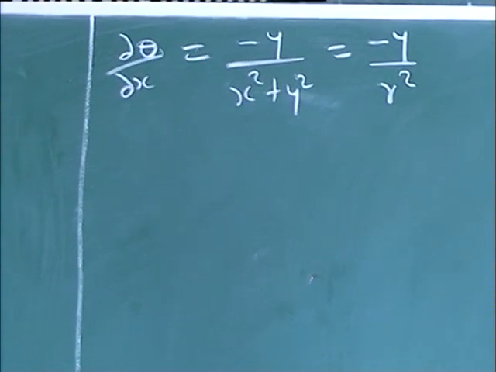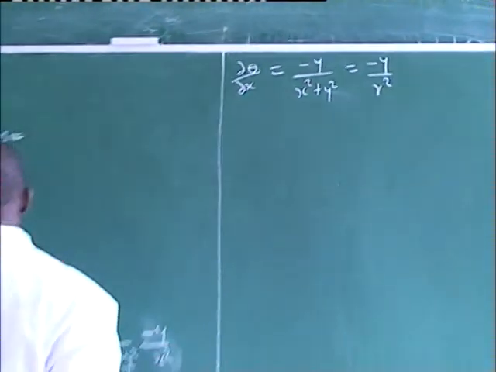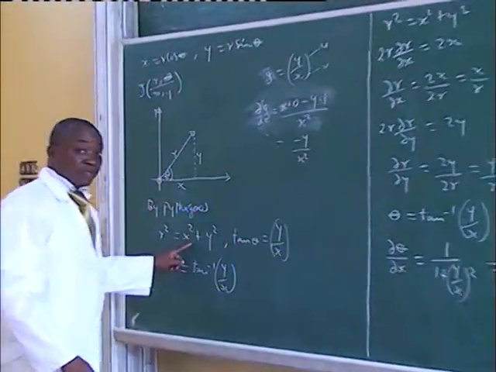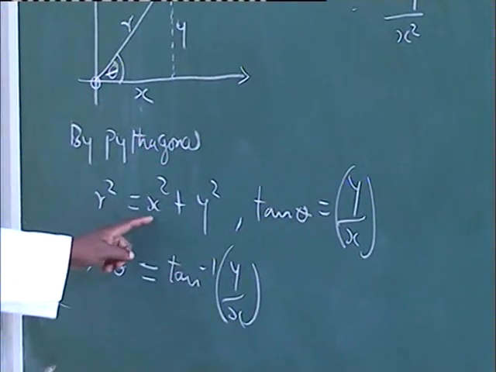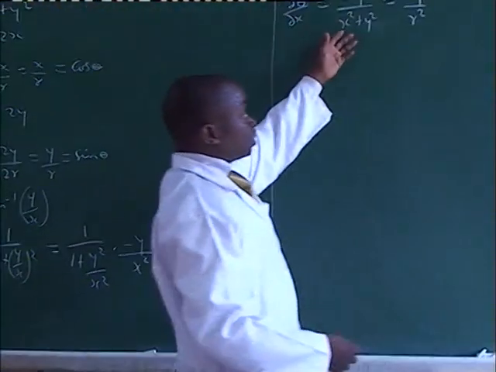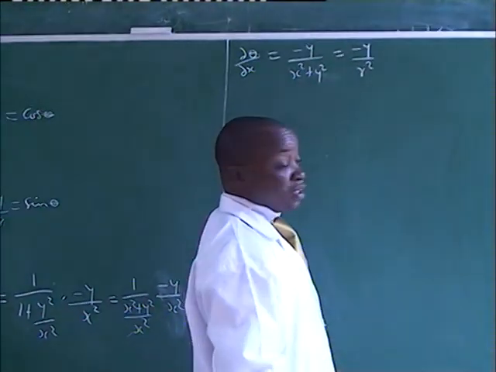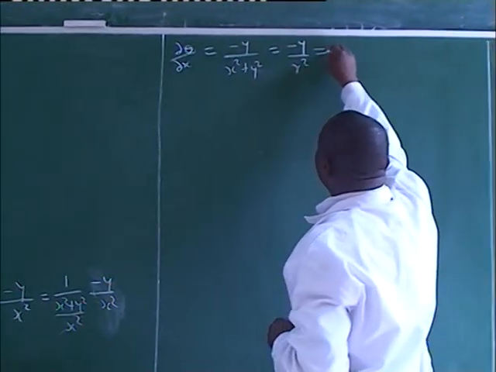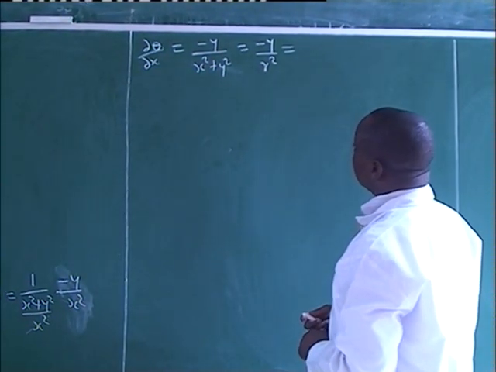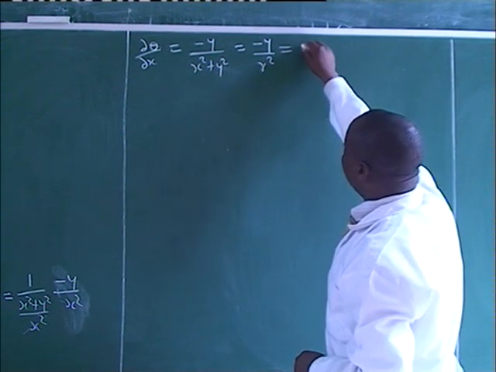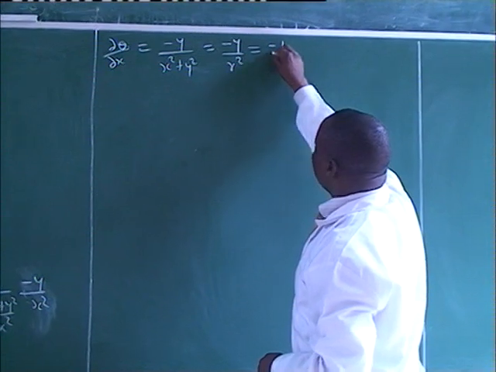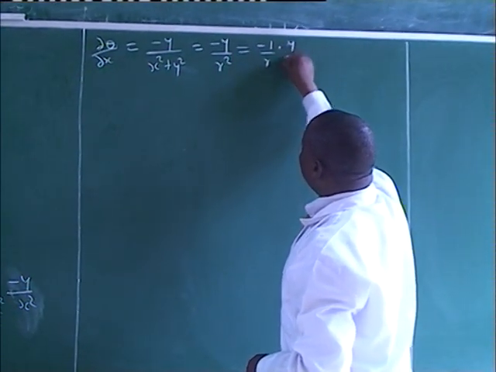You know why I said r squared? Because originally we defined r. Look at what we defined r. We defined r squared to be x squared plus y squared. So because I have x squared plus y squared, I can say that it is equal to r squared. And if that happens, I can now have something of this kind. I have minus 1 all over r times y all over r.